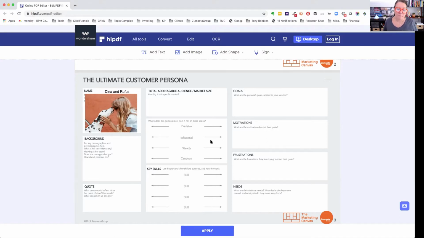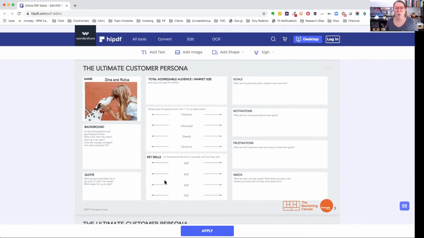The next section I have is really about what key skills she's going to need as pertains to your product or your service. In this situation, the skills could be that she is consistent. If she's starting a new diet, she's going to have to do it very consistently to know if it really is going to make a difference for her dog, right? She's going to have to be fairly detail oriented. She might need to look at what's happening in the environment.